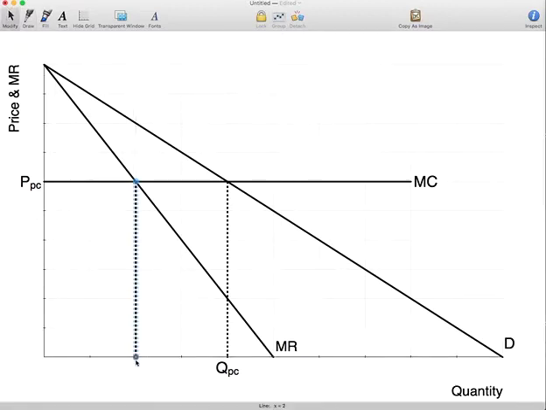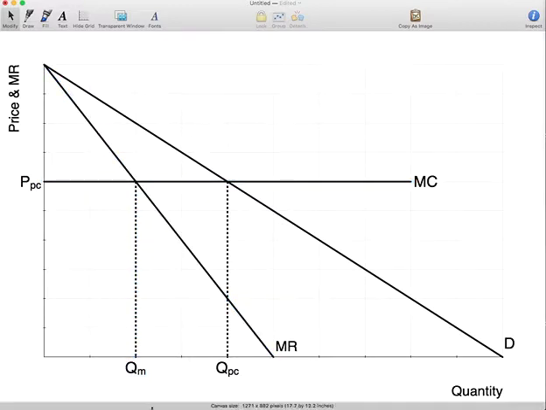And let me label that QM for monopoly. Again, I will make it a subscript and change the size of it so it's a little easier for everyone to see. So to determine the monopoly level of output, we use marginal cost equal to marginal revenue. We go straight down from that intersection point, and that gives us the monopoly output level.